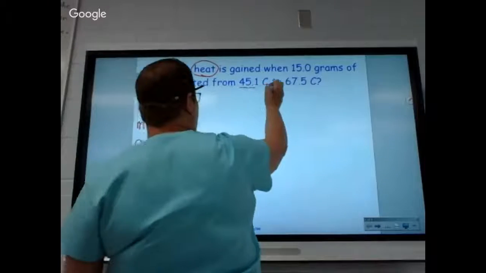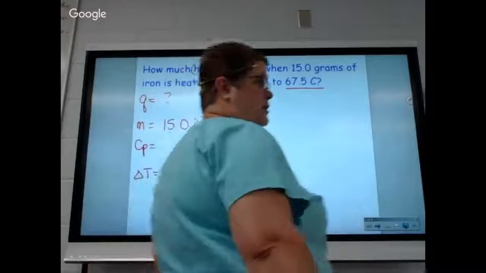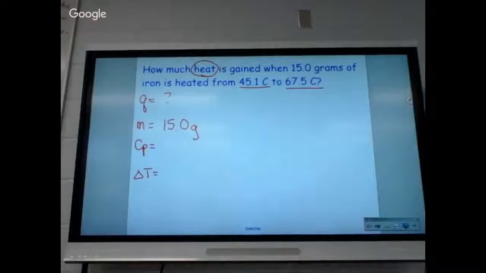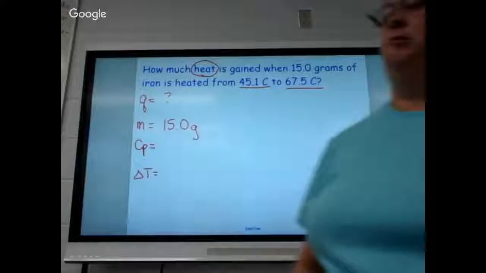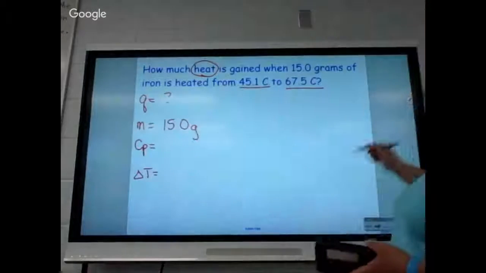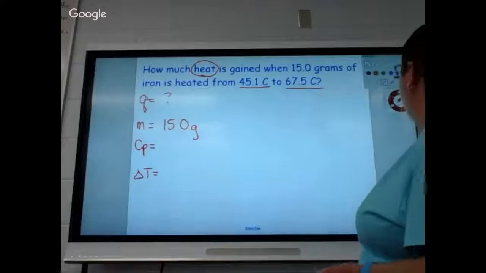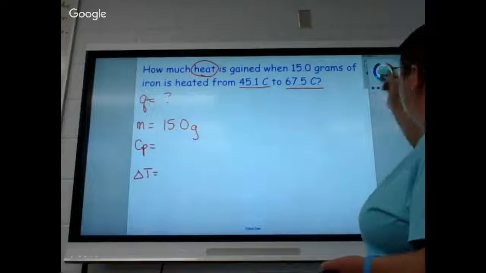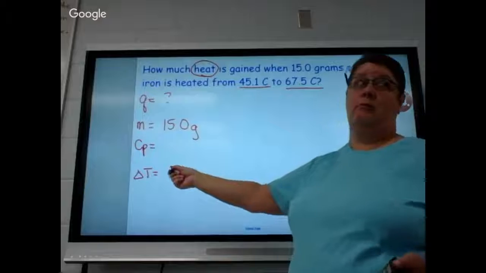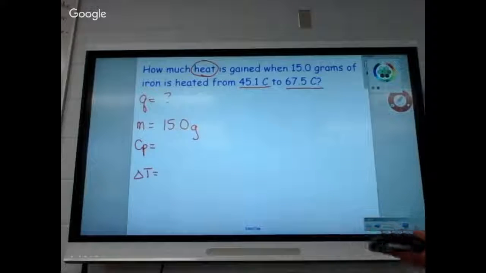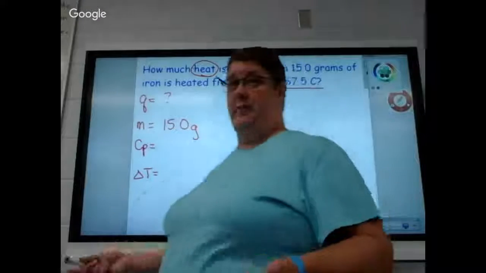The degrees Celsius, what is degrees Celsius? It's 45. Which one of those variables up here? No, it's delta T. That's the temperature. Okay, Celsius is temperature. Can we agree on that? So delta T is change in temperature.